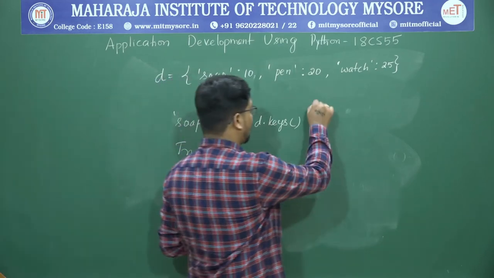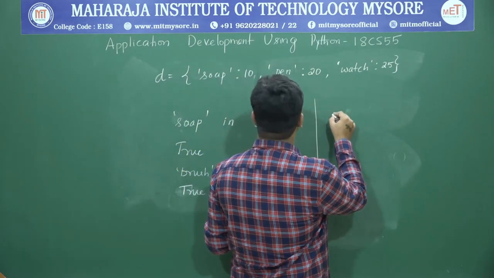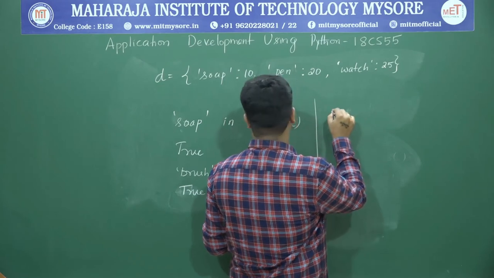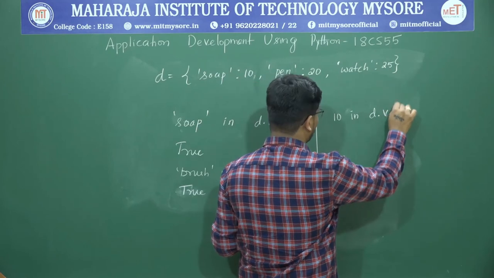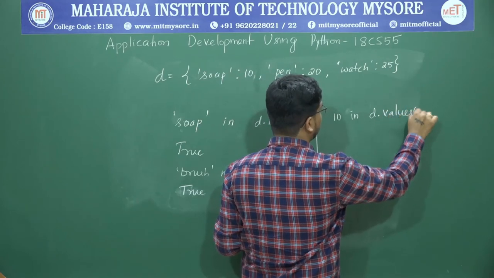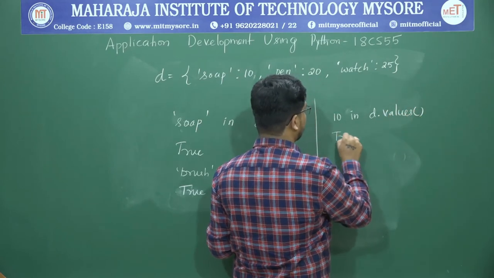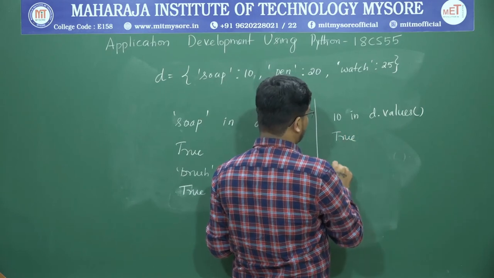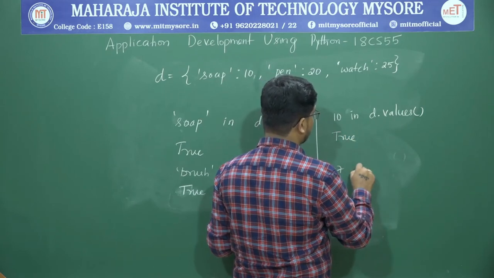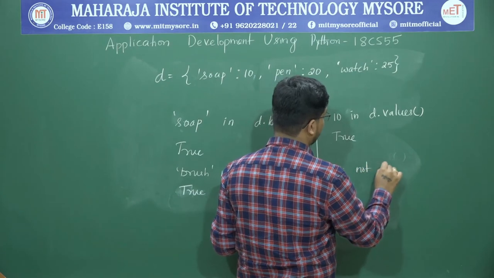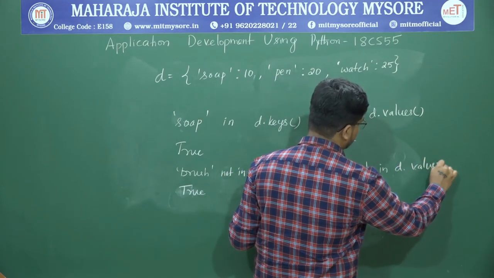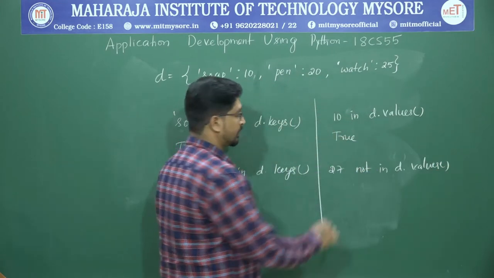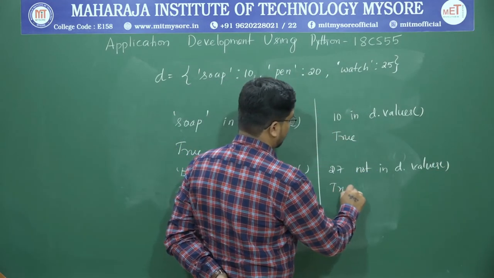In the same way, if you want to check 10 in d dot values, I am checking whether the value is present. So then you will get the result as true. Whether 27 not in d dot values, then you will get the result as true.